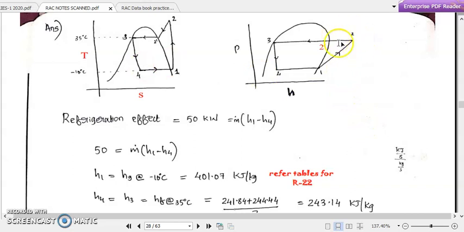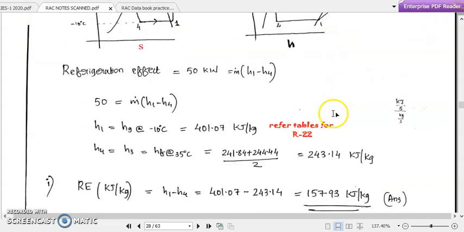What is the condition of the refrigerant at 2? It is actually in a superheated state. We do not know the value of enthalpy at that superheated state, and also we do not know the temperature of the refrigerant at 2.